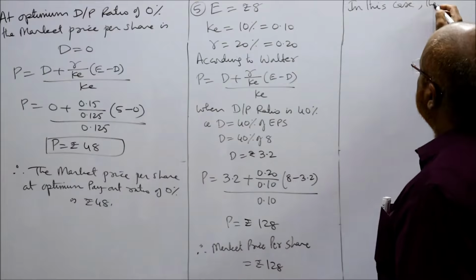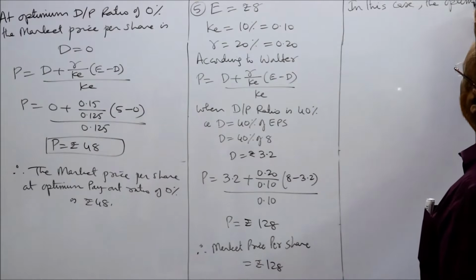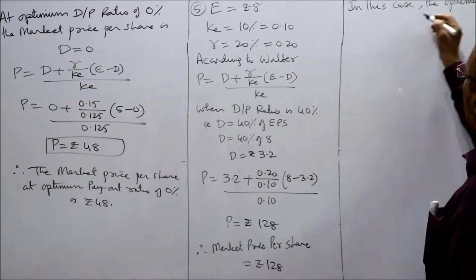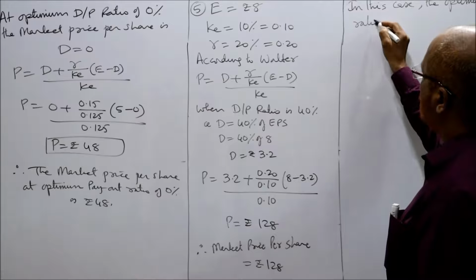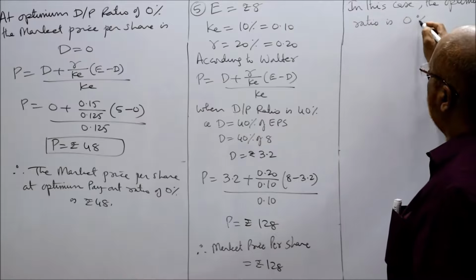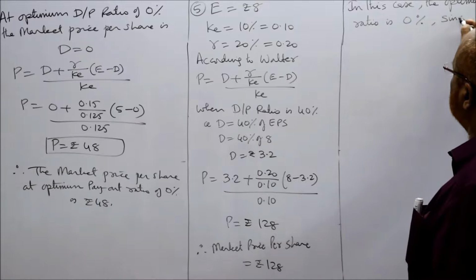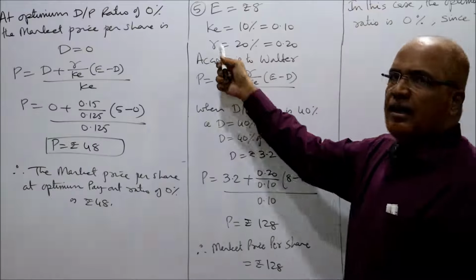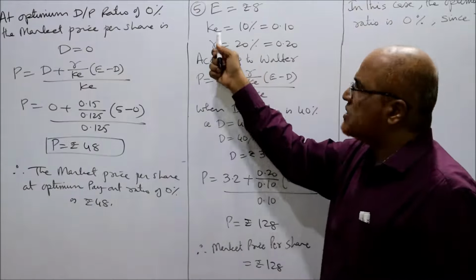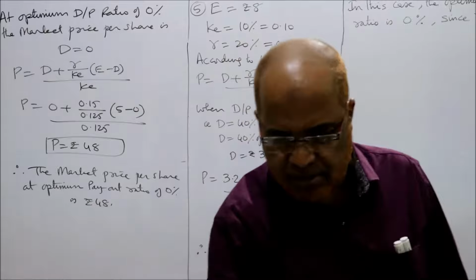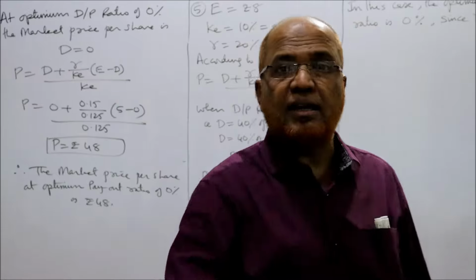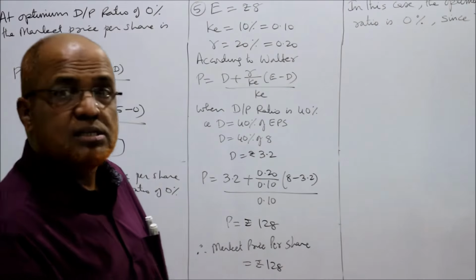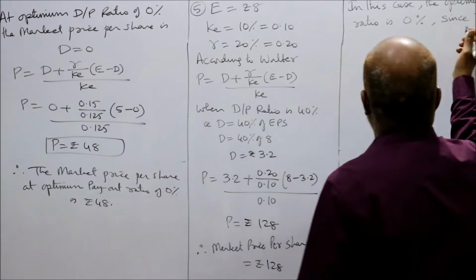In this case, the optimum payout ratio is 0%, since R is greater than K. See, our internal rate of return is 20%, whereas the cost of capital is only 10%. So R is greater than K. So in that case, the optimum DP ratio is 0%.